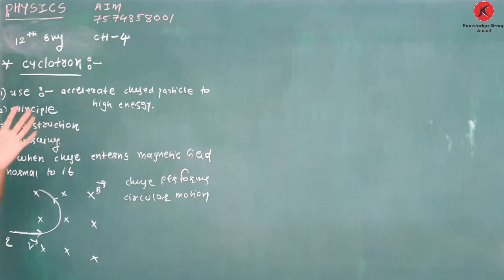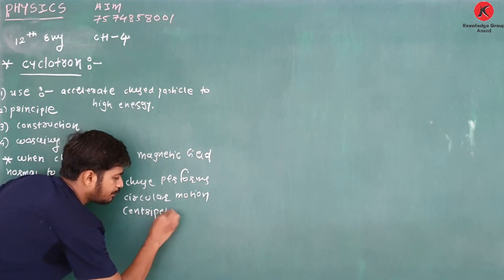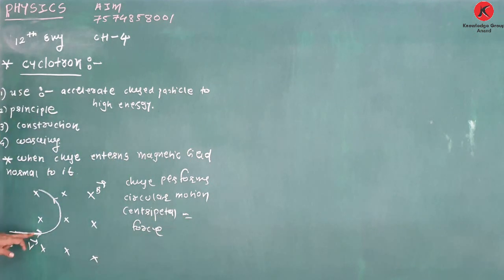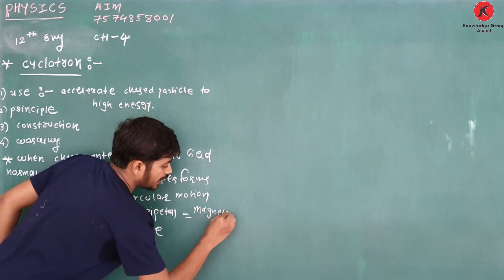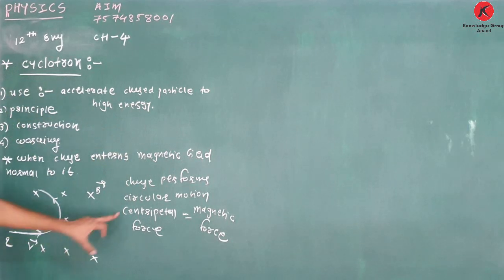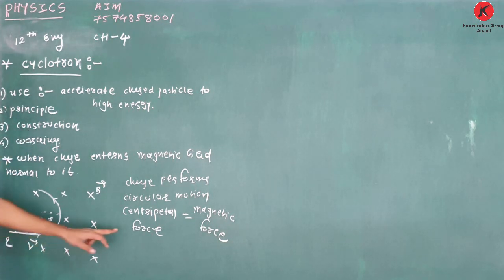For that circular motion, the required centripetal force is provided by the magnetic force due to the magnetic field. It is provided by the magnetic force.